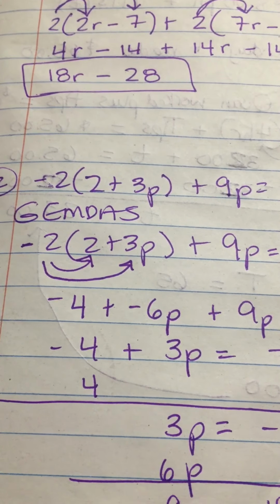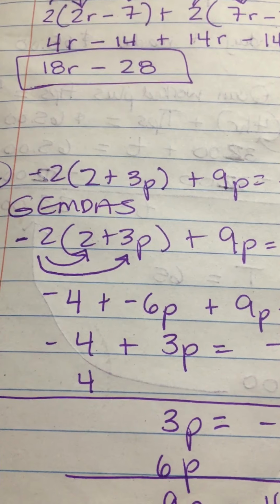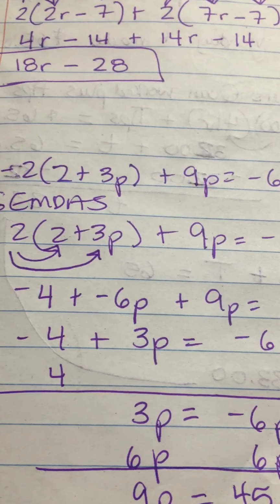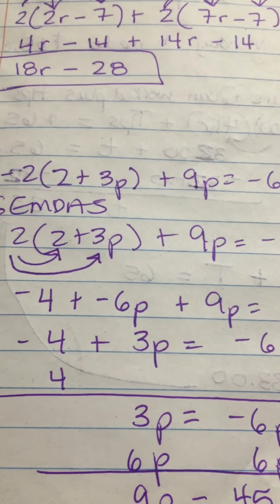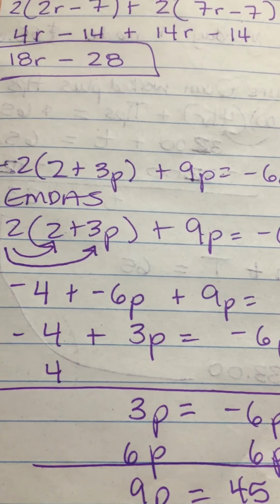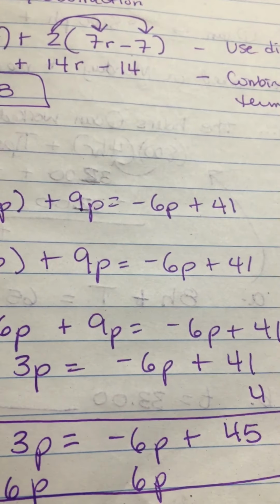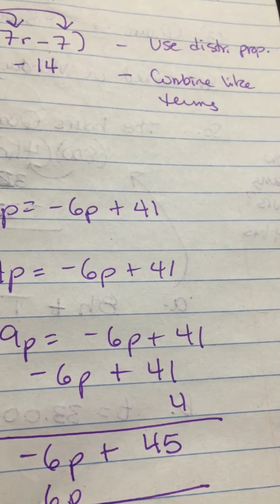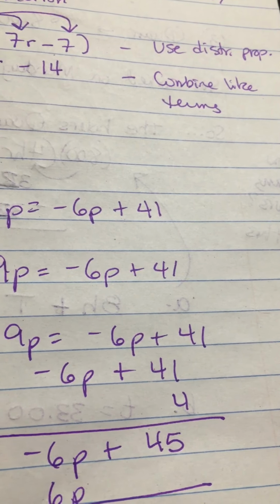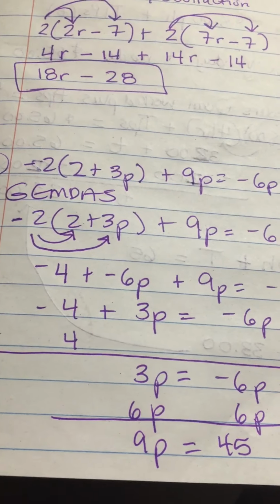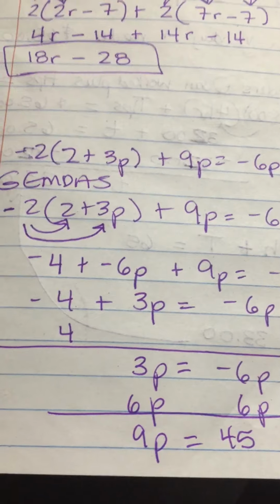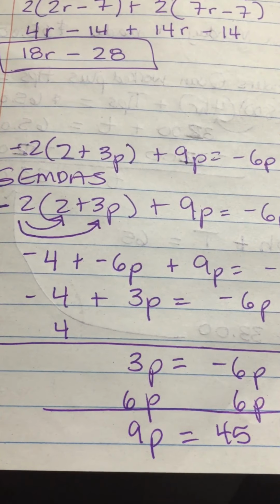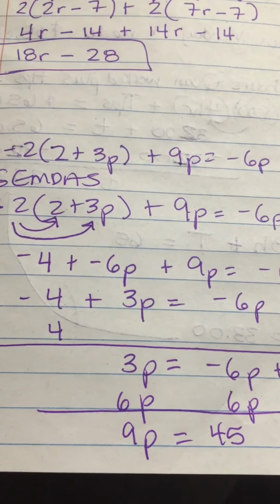Negative 2 times 2 is negative 4. Negative 2 times 3p is negative 6p. Then I have plus 9p, and then equal to negative 6p plus 41. So now I'm going to combine like terms. I have a negative 6p and a positive 9p.